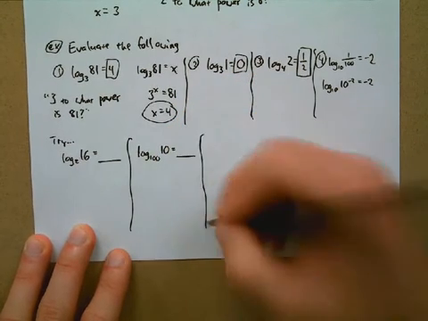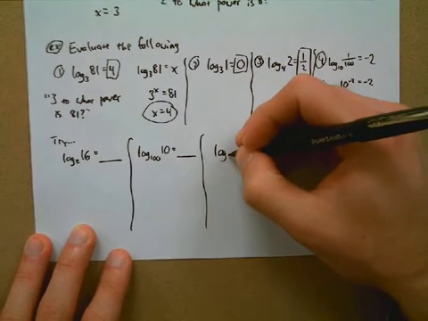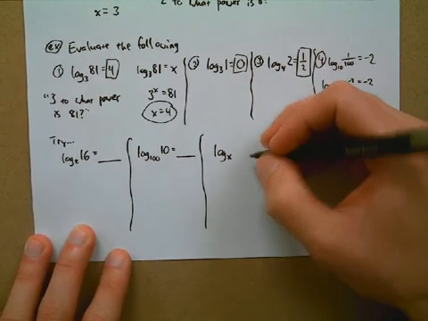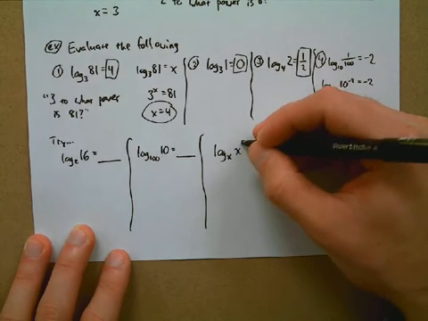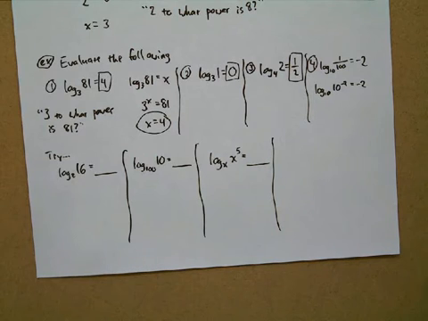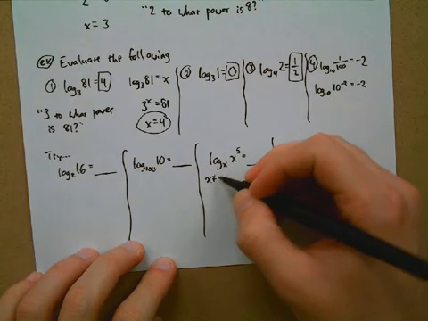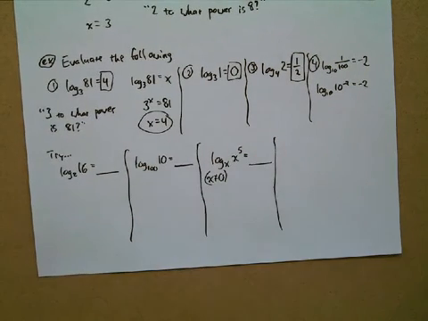Log base x of x to the 5th. This one would be x not equal to 0. Give those a try.